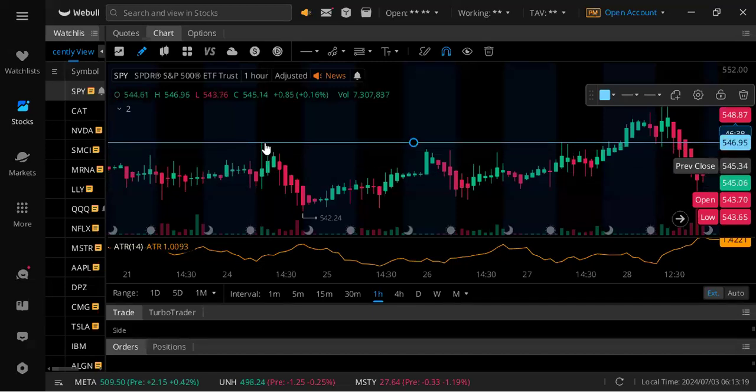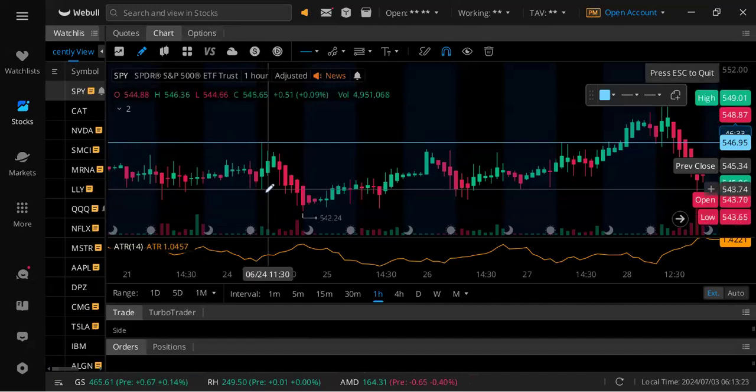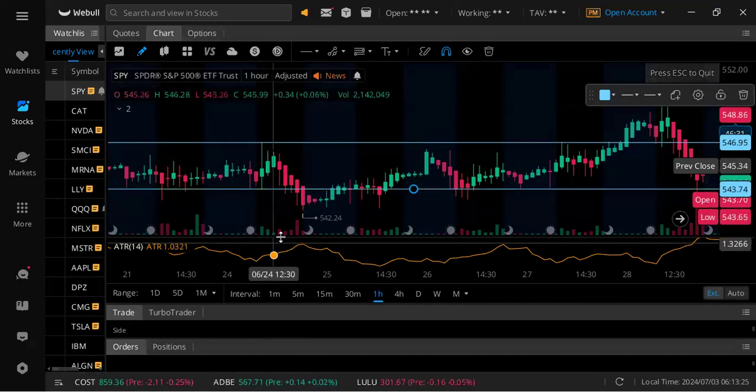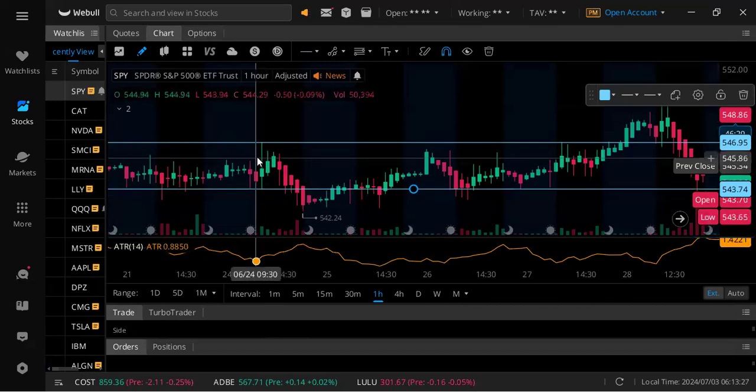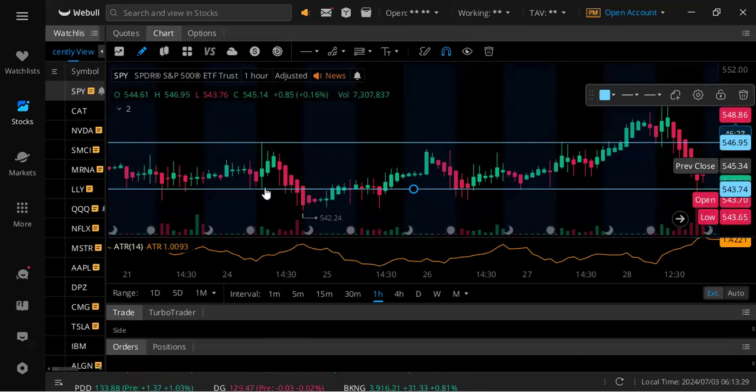So at the top of the first hour, and then at the bottom of the first hour candle, okay? So that's the first hour from 9:30 to 10:30. When the market opens up to 10:30, that's the first hour candle.